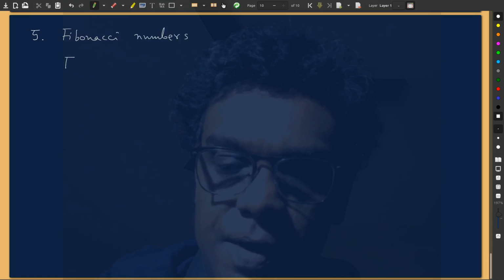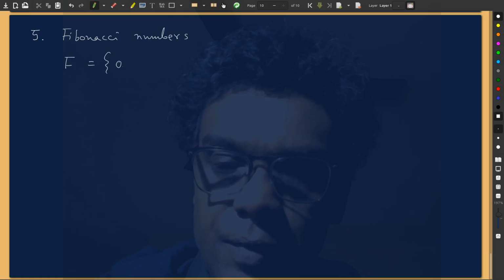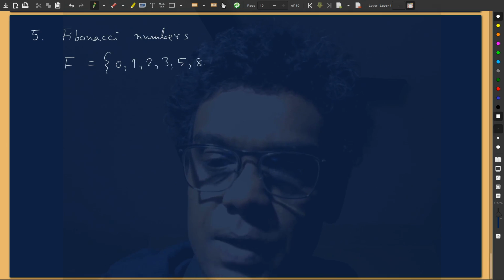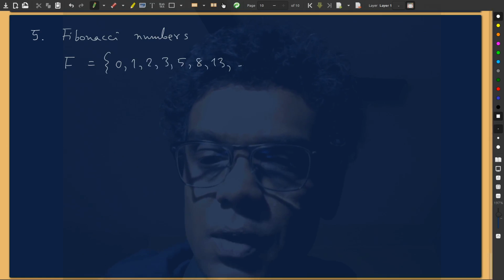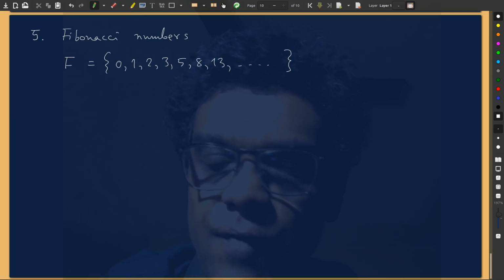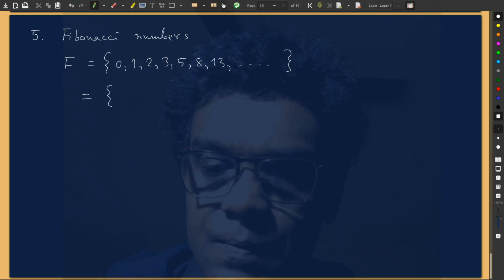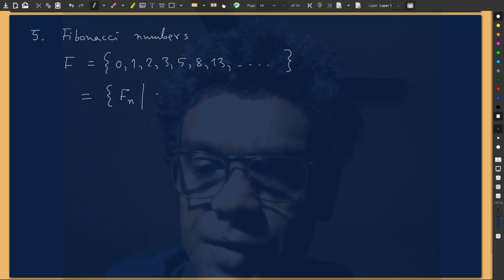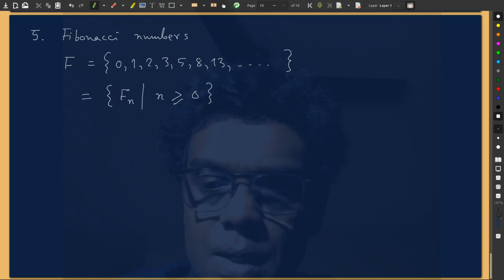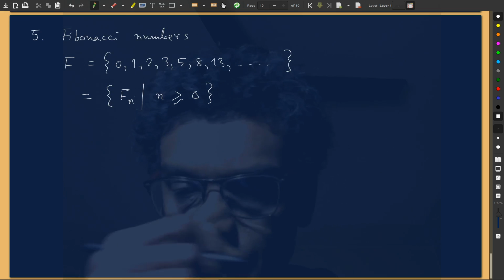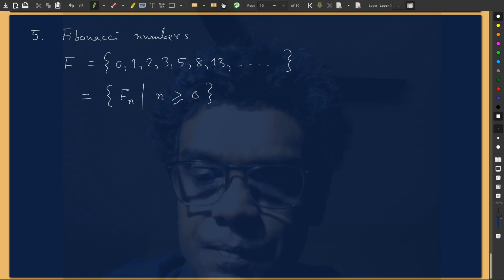So maybe I define the set F: 0, 1, 2, 3, 5, 8, 13, and so on. So this is once again not a finite representation, but I can write it this way: F_n, the nth Fibonacci number, for some n greater than or equal to 0. Now, this is of course a finite description, but I have not defined this F_n yet.